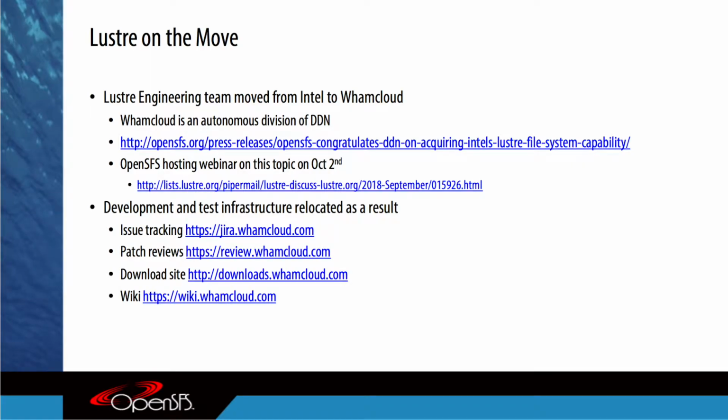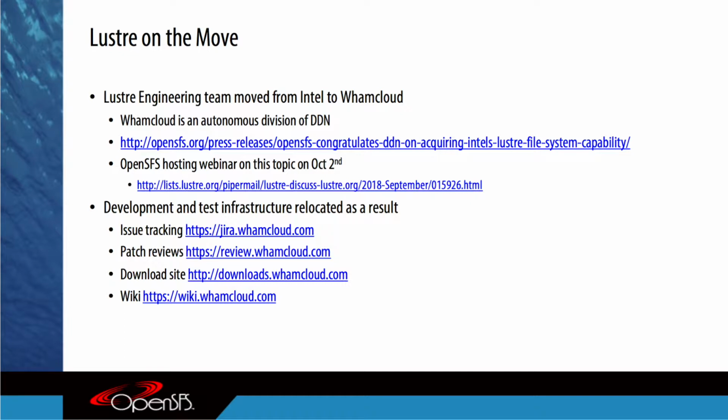Robert talks about the move of the Intel Lustre team to help form the Whamcloud division at DDN. From a community release point of view, the biggest effect was that Intel had been hosting all of the community development infrastructure: the issue tracking systems, the download site, the Git repository where the source code is kept, all the testing, the continuous integration system.